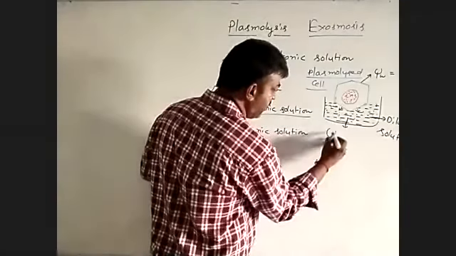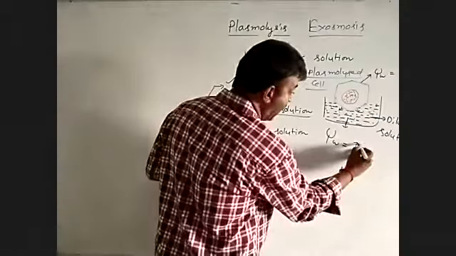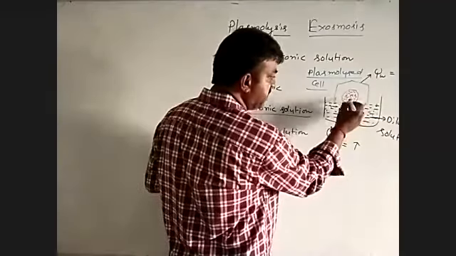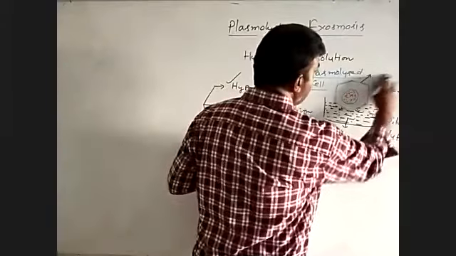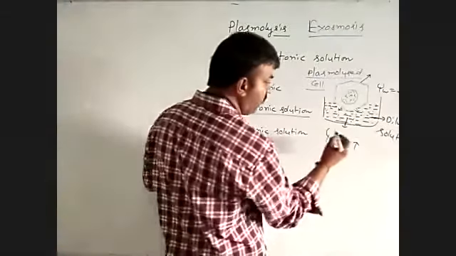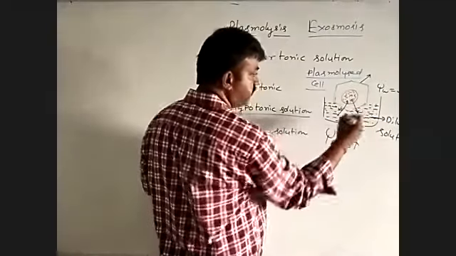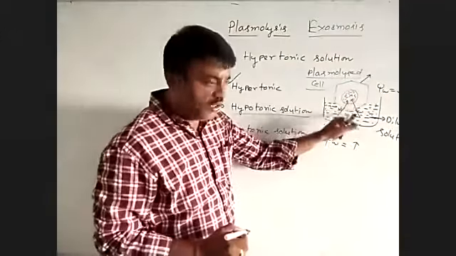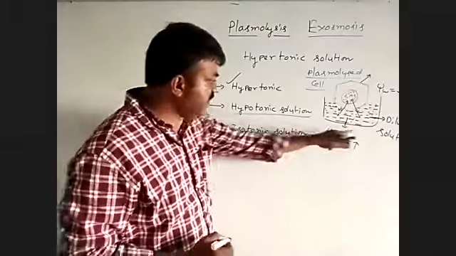In external solution, psi W, nothing but water potential, is very high, as well as inside the cell, I mean within the cytoplasm, water potential is very low. Now what happens? The movement of water from external solution to cell, because this is a diluted solution. Okay, which is called as hypotonic solution.